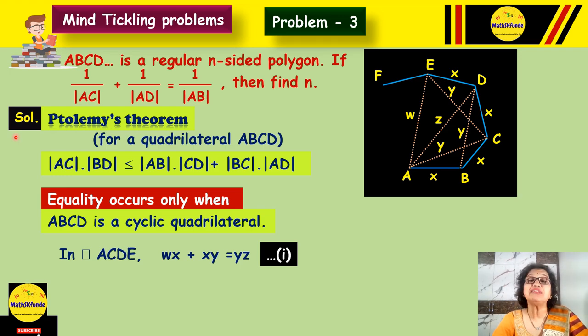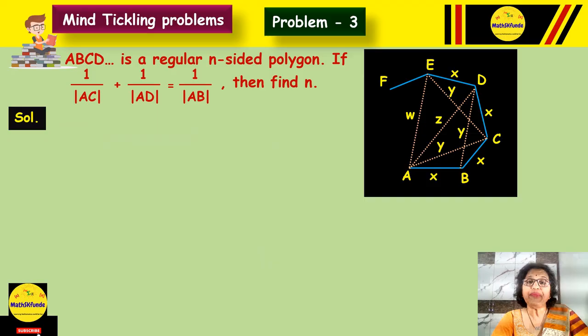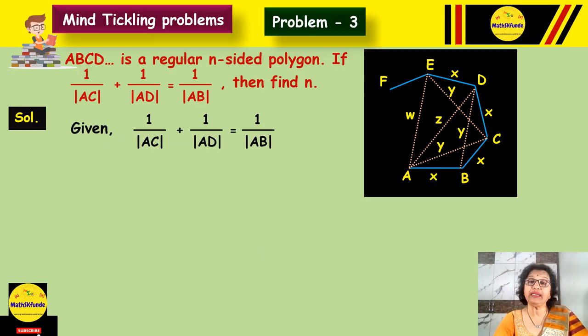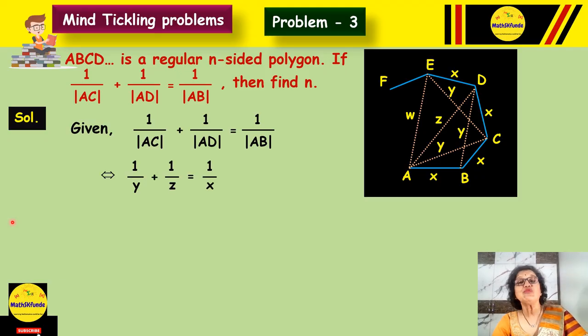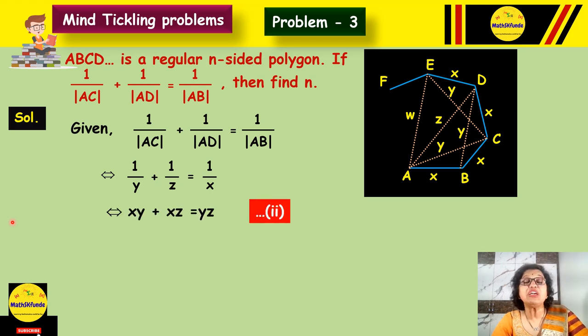So now my statement would be XW plus XY equals YZ. This is my first equation, which I have obtained from Ptolemy's theorem. Also, we have not yet used this condition, 1 upon AC plus 1 upon AD equals 1 upon AB. So let us use that condition. Now I will write that same condition in my nomenclature, and that would come out as 1 upon Y plus 1 upon Z equals 1 upon X. Simplify this. That will give me XY plus XZ equals YZ.